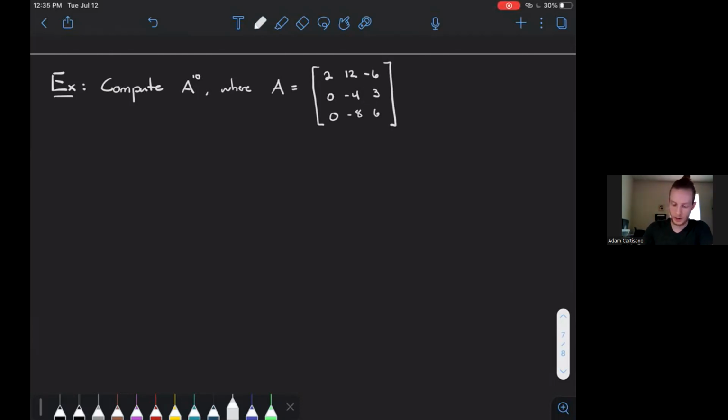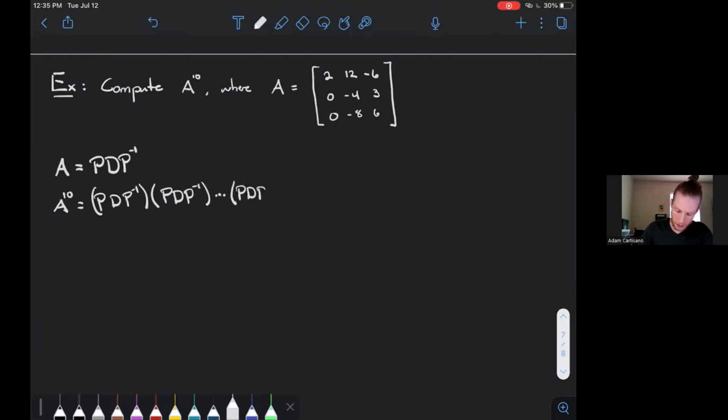I'm going to go the diagonalization route. So notice that if A is diagonalizable, then you can write it as P inverse A P equals D. So A to the 10th is (P D P inverse) to the 10th, so let me just write that again, 10 times.